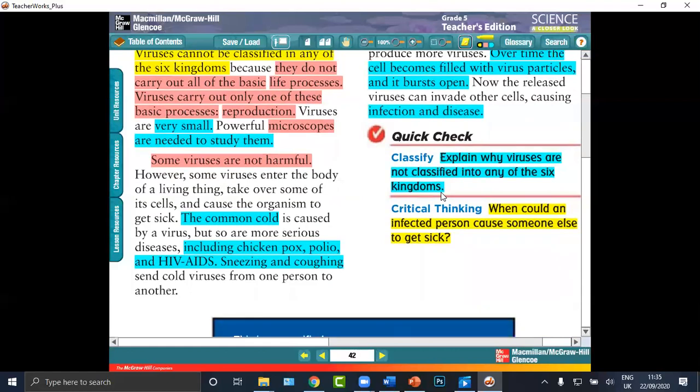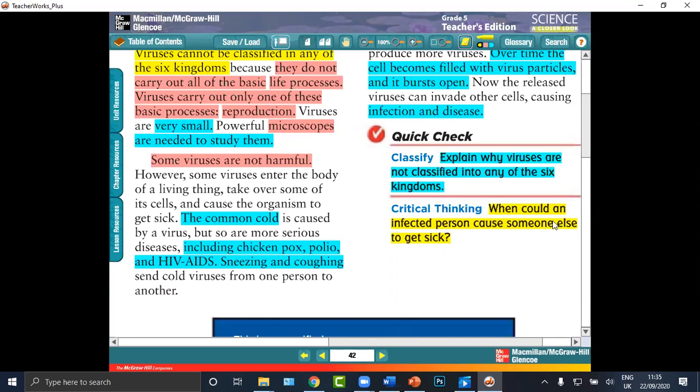They can't do all of this. They can only carry out reproduction. I will repeat the answer. They cannot perform all the basic life processes of growth, use of energy, getting rid of waste, response to the environment. They can only carry out reproduction.